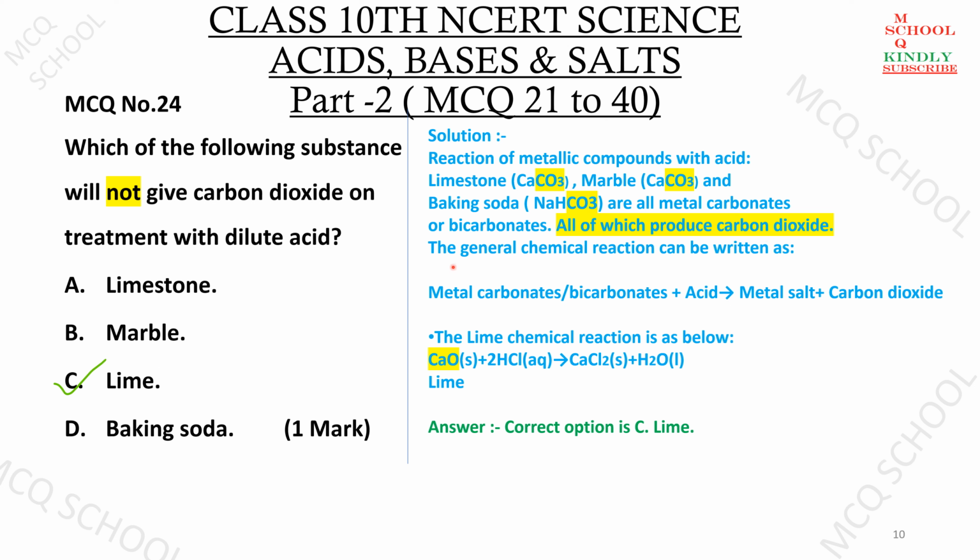The general chemical reaction can be written as metal carbonate or bicarbonate plus acid forms metal salt, water and carbon dioxide. Only the left out lime. The lime chemical reaction can be written as below. As an example, calcium oxide, that is lime, plus HCl forms calcium chloride plus H2O. But here CO2 is not there. Hence the answer is C, lime.